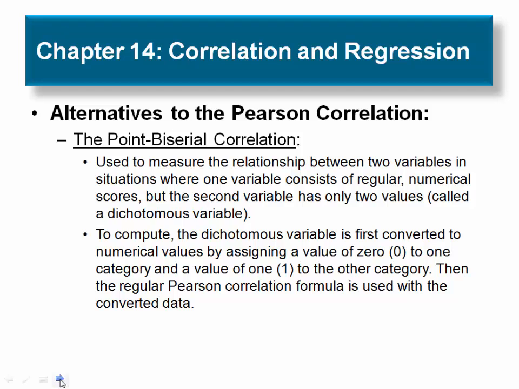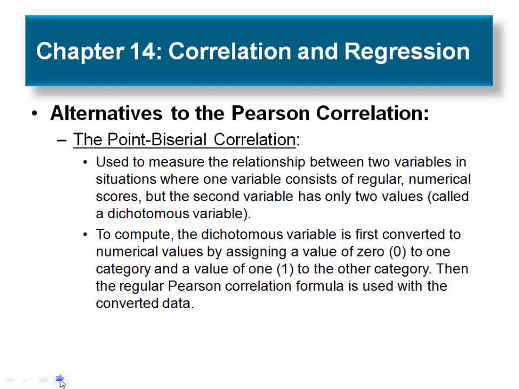The second alternative to the Pearson r formula is the Point-Biserial correlation formula. When you have gathered your data on one of your variables using an interval or ratio measurement system, described on the slide as regular numerical scores, but you've gathered the data on the other variable using a dichotomous scale, the correct test statistic to use is the Point-Biserial formula.